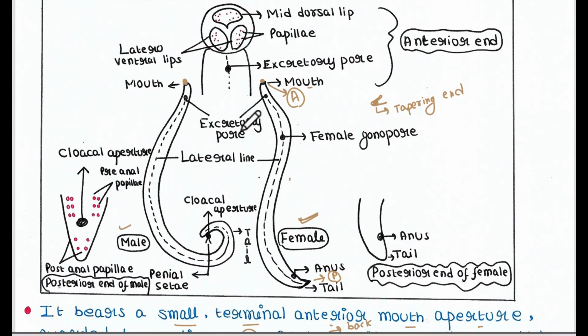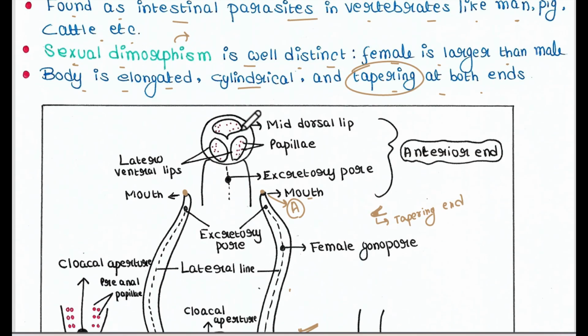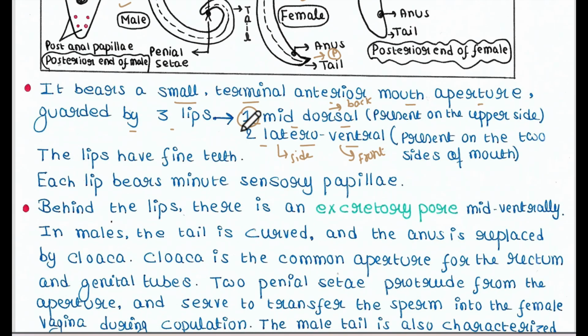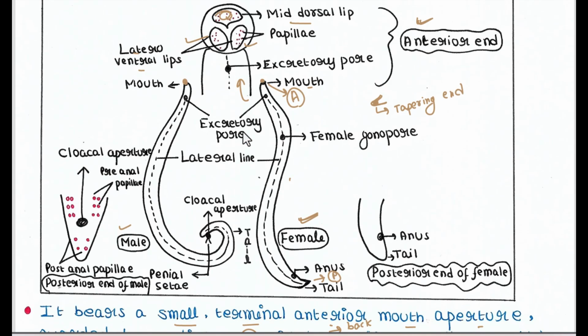so here is the structure. If you zoom in on this mouth part, you can see this is the anterior end. Here, this is the mid-dorsal lip, and these two are lateroventral lips. Now, mid-dorsal is present on the upper side, just like this picture.